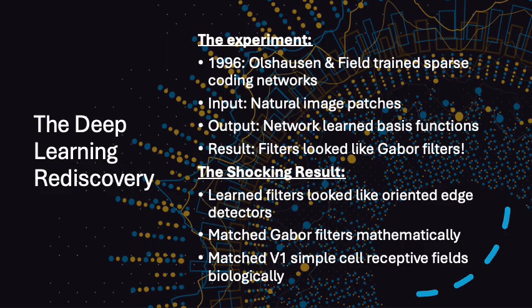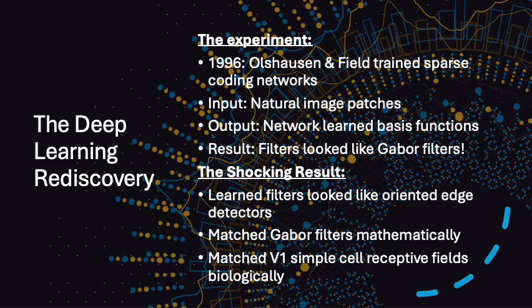Back in 1996, Olshausen and Field trained a neural network on natural images with no biological knowledge built into it. Right? The network learned filters that happened to look exactly like Gabor filters, which also matched what Hubel and Wiesel earlier found in cat brains.